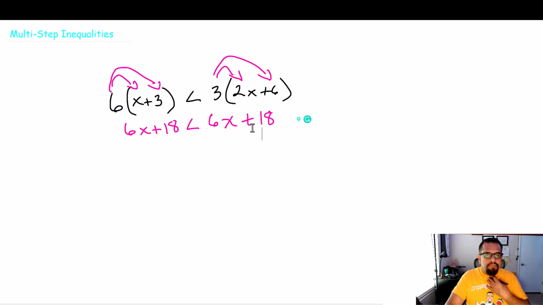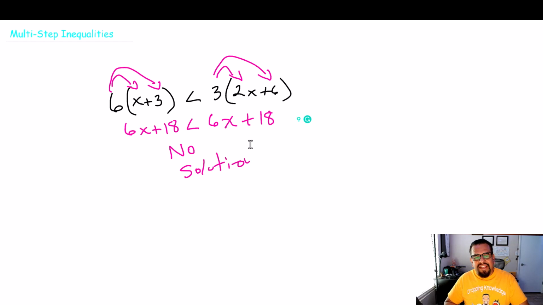At this point, I don't even need to plug in anything for x. I know that my statement is false because it says that 6x plus 18 is less than 6x plus 18. But we know that statement is not true. 6x plus 18 is equal to 6x plus 18. Therefore, on this type of problem, we also have no solution.